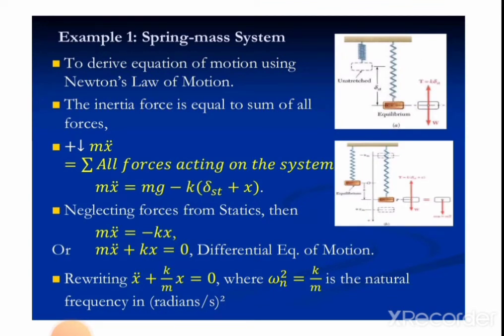Suppose for elastic material of length L, we take cross-section area A, and let the elastic modulus, which we generally take as Young's modulus, be E. And let the steepness of the spring be K. We all know K is equal to EA upon L, where L is the length of the spring, A is the cross-section area, and E is Young's modulus, which has unit Pascal or Newton per meter square. Now we will move towards the main equation of our system.